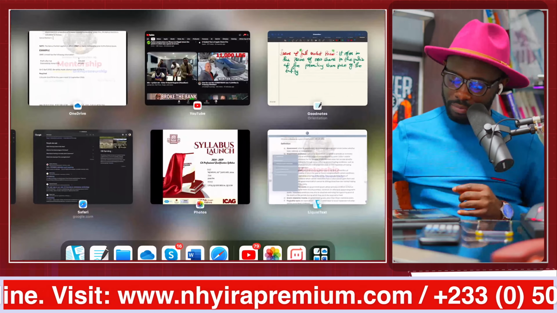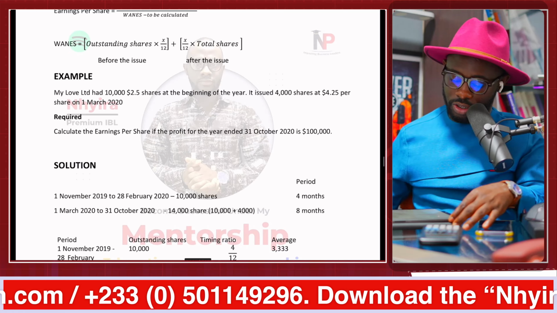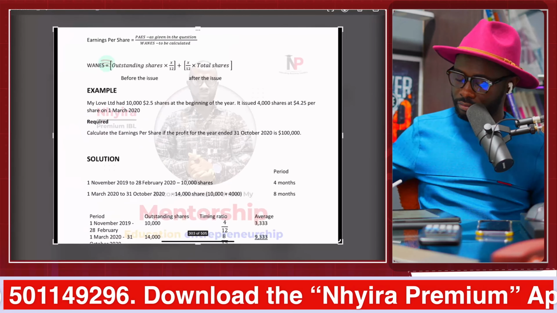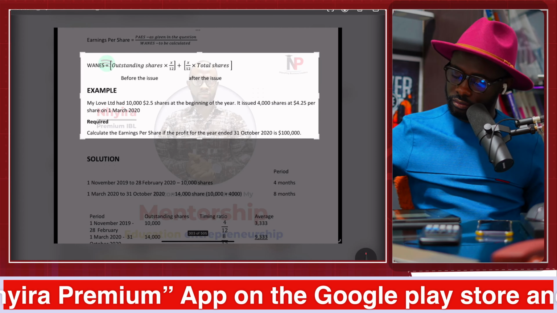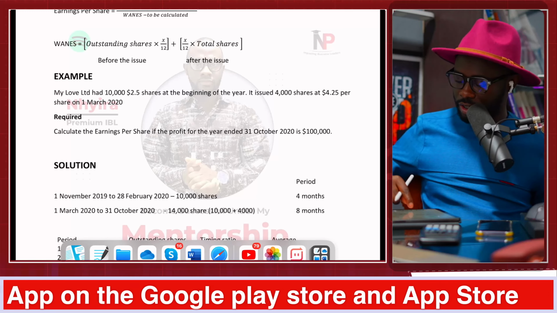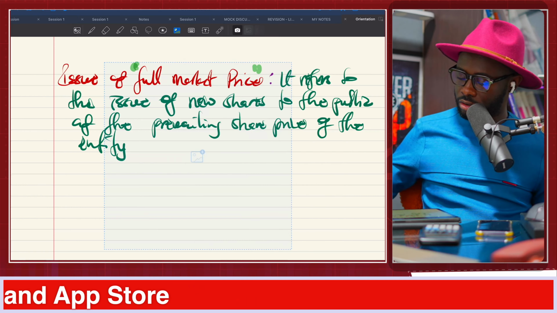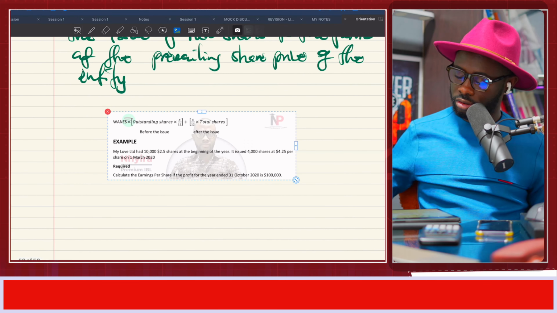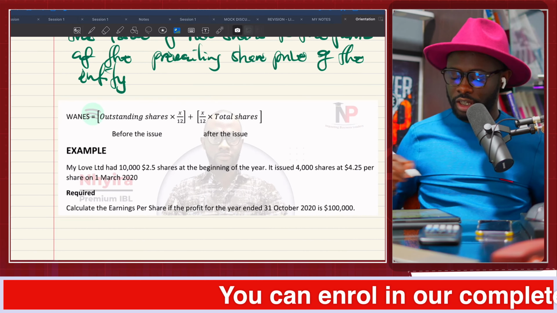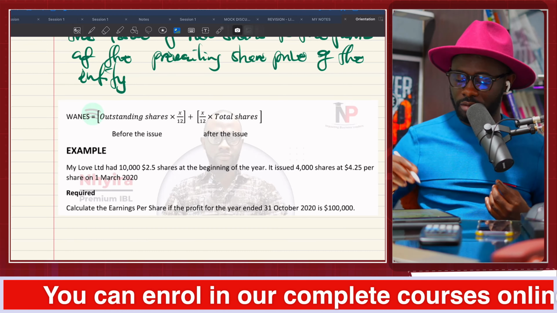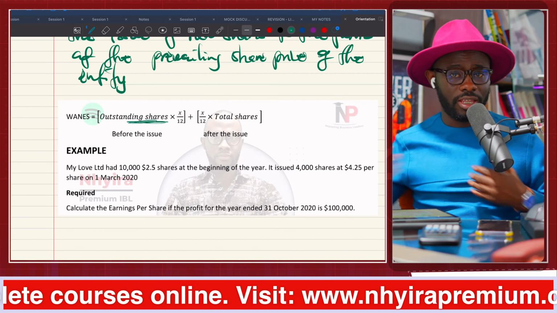Okay, so let me bring up a very simple illustrative question for us to see how we do this calculation. Very, very simple here. The way we calculate the weighted average number of equity shares will be bringing the outstanding shares and how long they have been in existence.